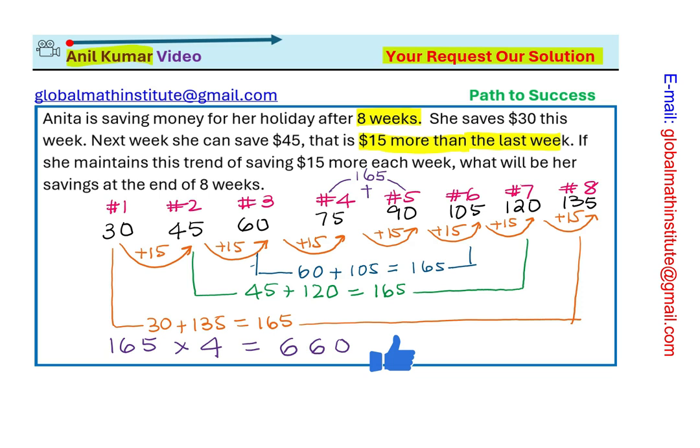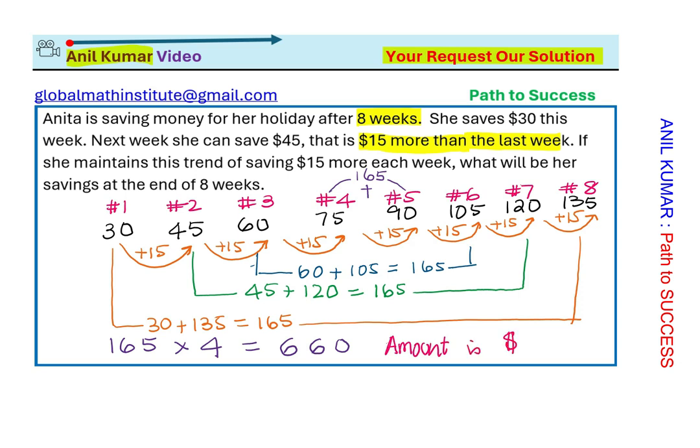So that is the number of dollars which Amita can save after 8 weeks. So we can write down our answer. That amount saved is $660 by Amita. So it does make sense to you, right?